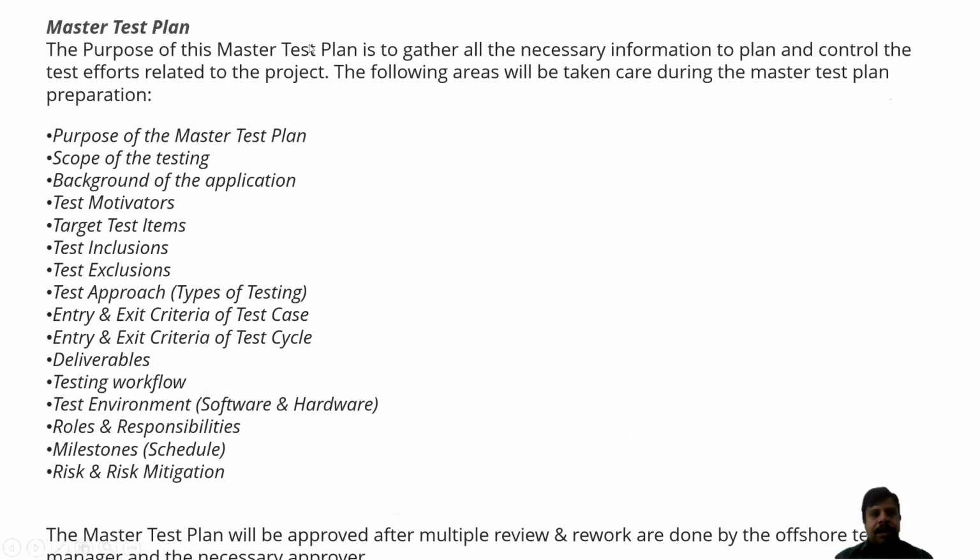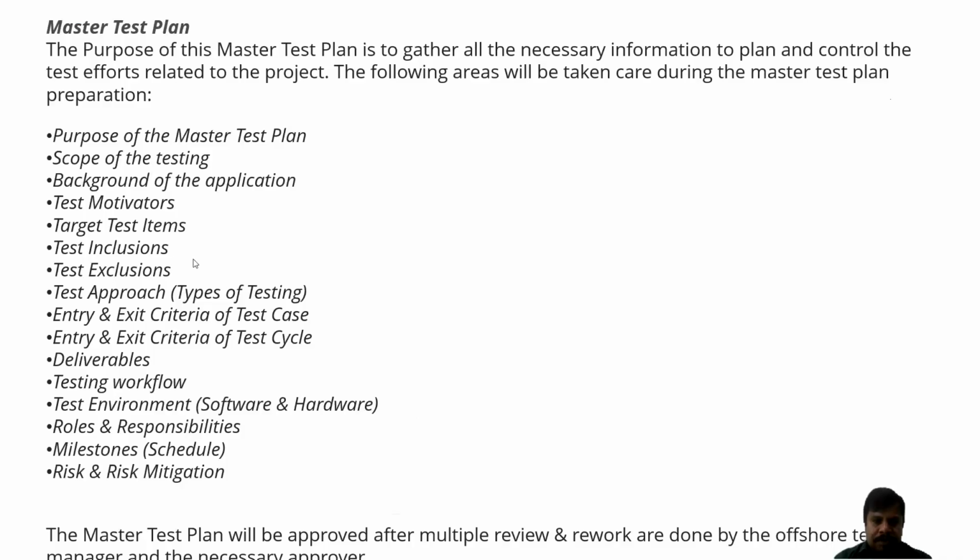In the master test plan, there are some aspects to be taken care of during the preparation. For example, what is the purpose of the master test plan? What is the scope of testing? What is the background of the application? Who are the test motivators? What are the target test items? What is test inclusion and what is test exclusion?